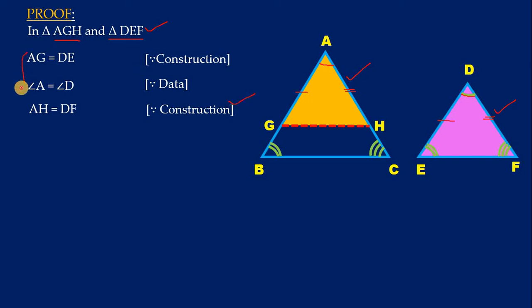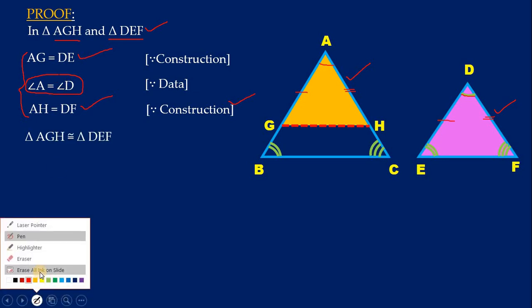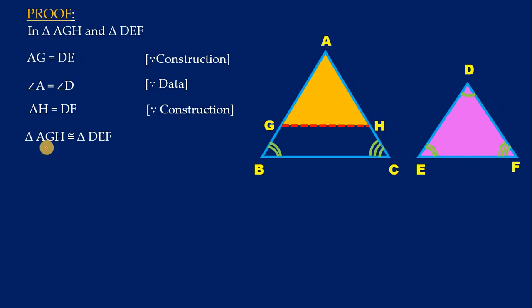Now carefully observe here, children. Here we have two pairs of corresponding sides equal and one pair of corresponding angles which is included is equal. Hence, which criteria can be used here? That is SAS criteria. By using SAS criteria, we can say these two triangles are congruent.